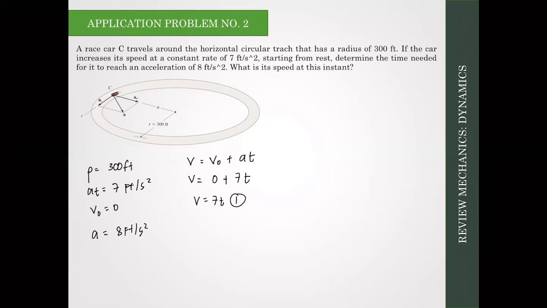Okay? And then, kunin natin si AN. Ang AN natin is V squared over rho. V squared natin, calculate natin, 7T squared over rho natin na 300. So, this will be 49 T squared over 300.